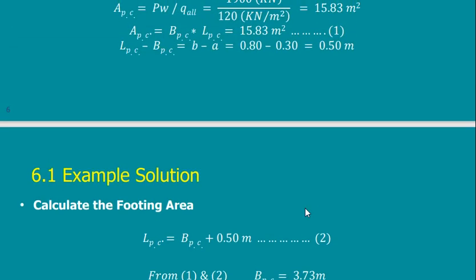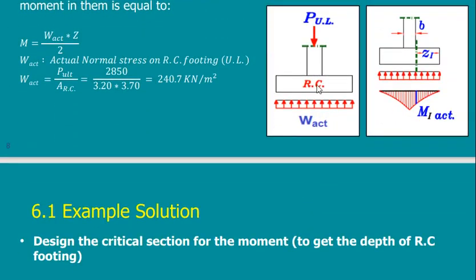So the area I'm using here is different from the area that was required for the bearing capacity. So it's a completely different number. W actual is a completely different number because the load is an ultimate load and the area is an approximated area. So I'm dividing two different things.